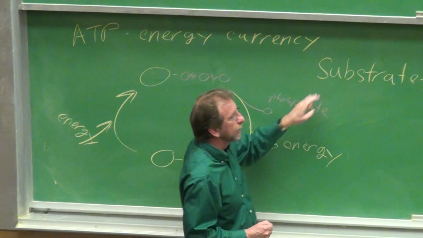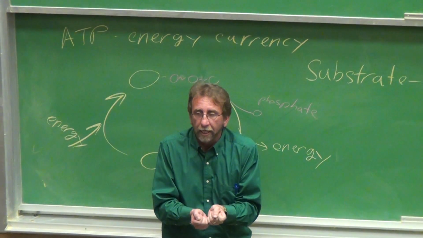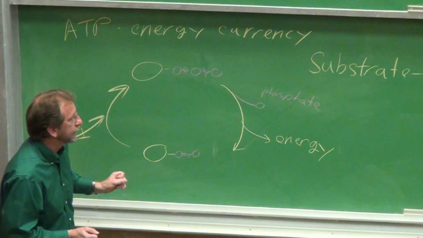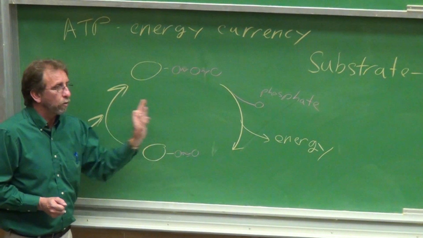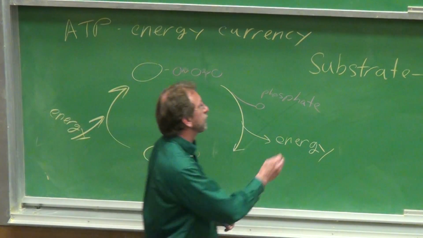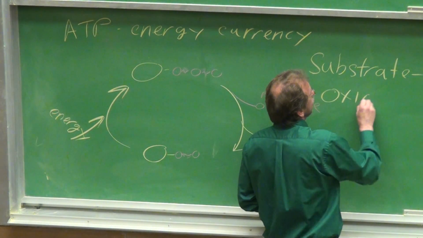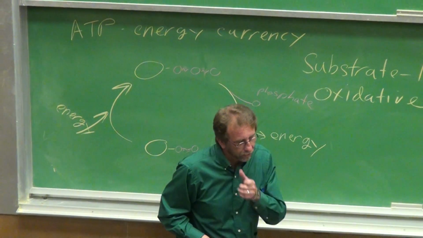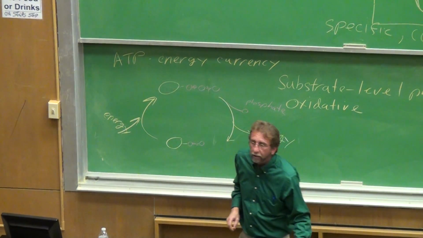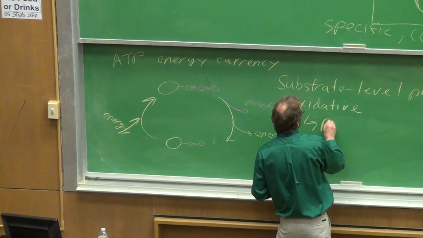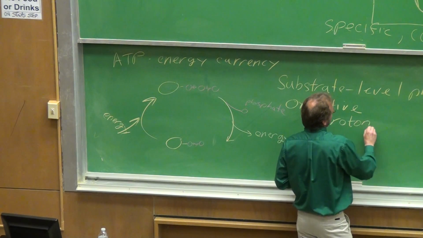Anytime you break a molecule and that energy from that bond being broken is captured in ATP directly, that's substrate level phosphorylation. I tell you that because there is also a process called oxidative phosphorylation. And oxidative phosphorylation involves the proton motive force. We haven't talked about that yet. We will just here shortly.